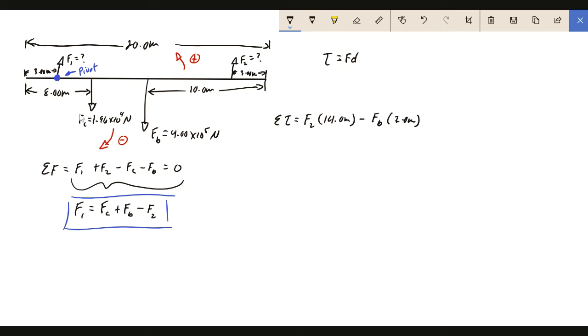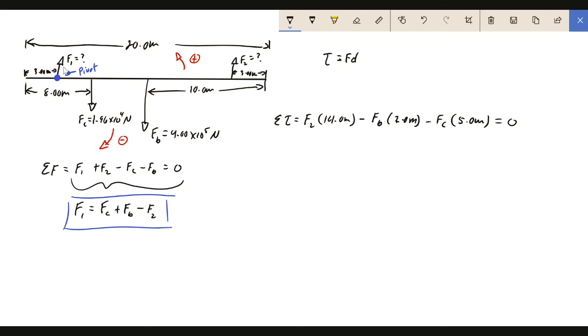I've got FC over here. That's also going to cause a negative torque. So FC. And then what is the lever arm right here? Well, that one would be 5 meters. Let me just make this a little neater. This is an M. And because it's in equilibrium, we say that this is equal to 0.